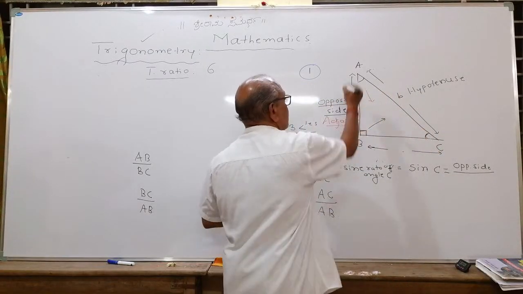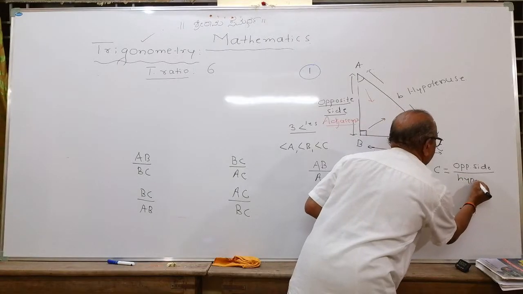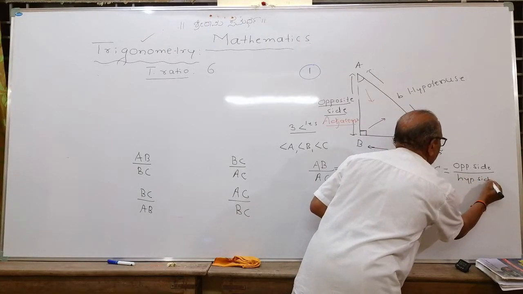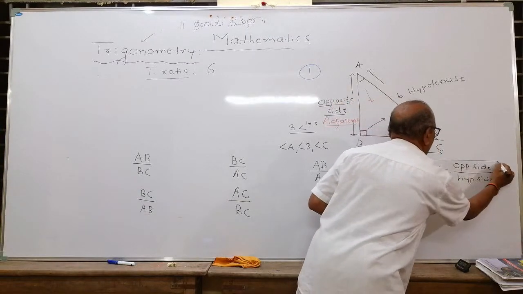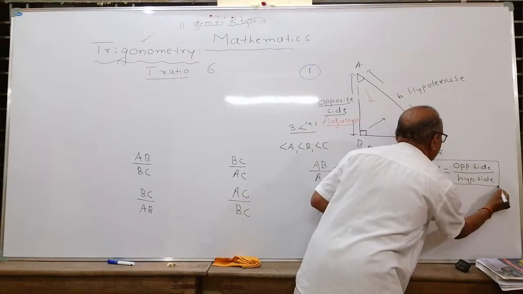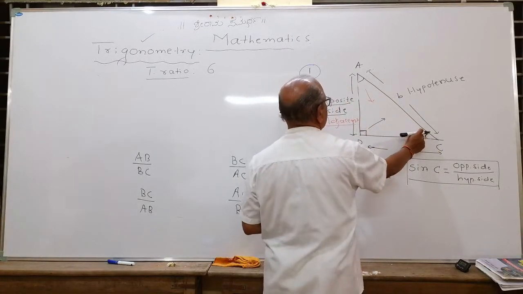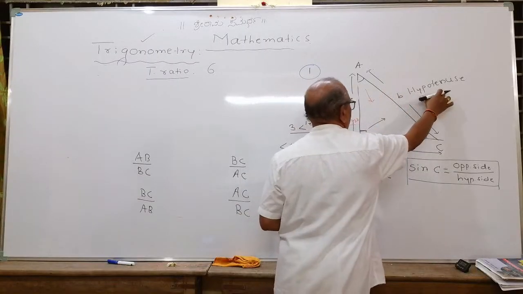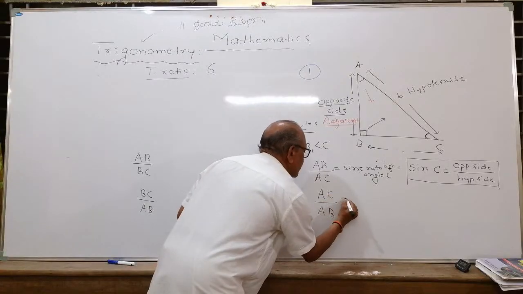And AC is the hypotenuse side, HYP side. And we got the first definition of the trigonometric ratio. What is sin C? The sine of angle C is the opposite side upon hypotenuse. Similarly, the reciprocal of it.